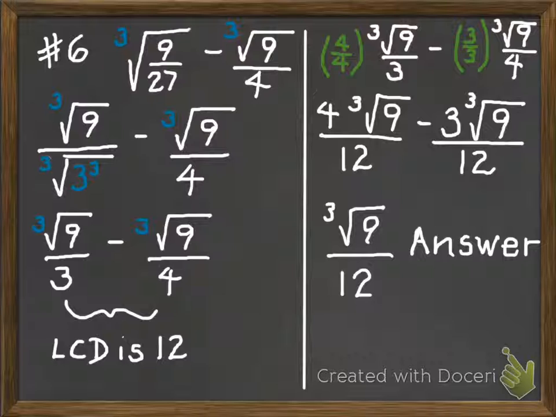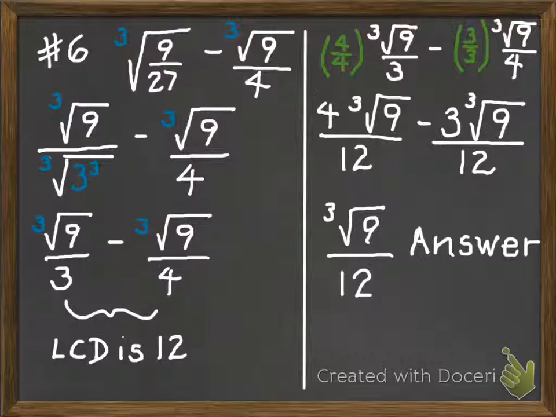Well, now I have, instead of square root, cube root, so I'm looking for perfect cubes in order to simplify the radicals in both terms. 9 is not a perfect cube, but I know that 27 is, because 3 times 3 times 3 is 27. So using the product rule, I separate the two radicands in the first term under separate radical signs.